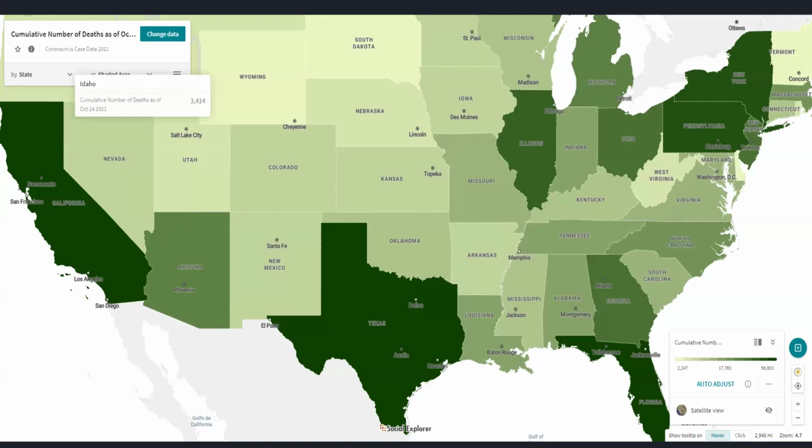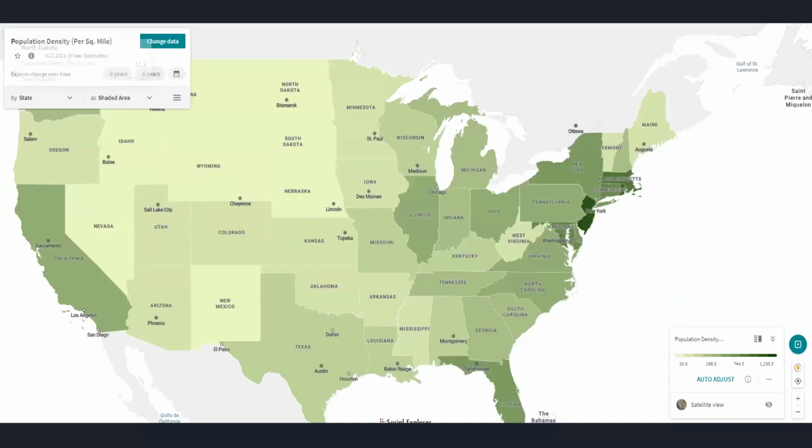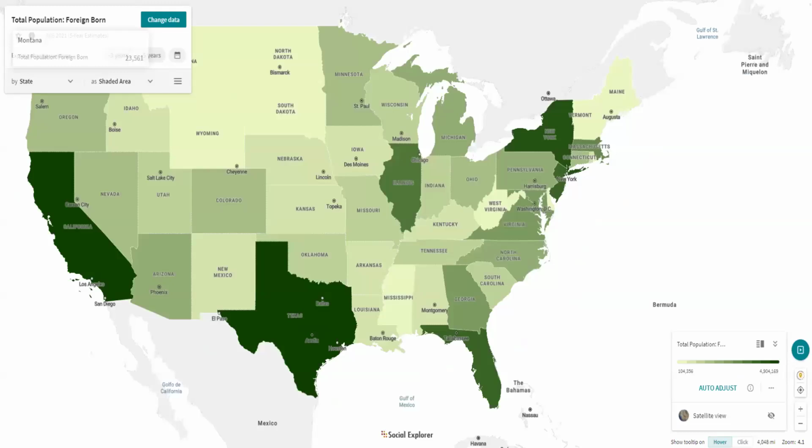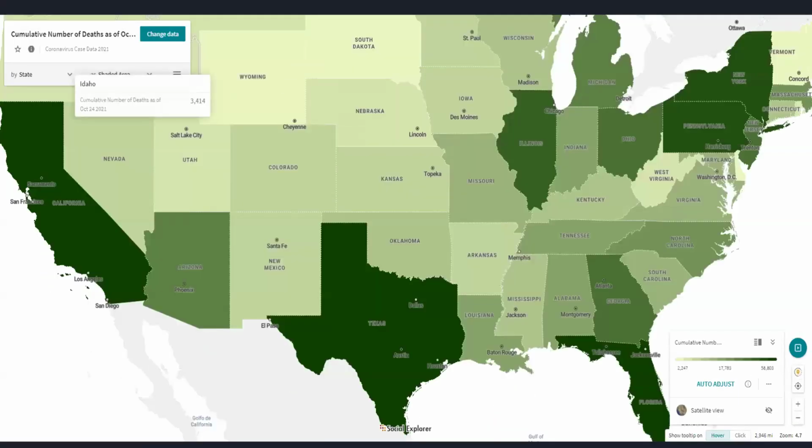All these maps are based on 2021. As you can see, these populated states are the ones with the most deaths. So we can see that here.